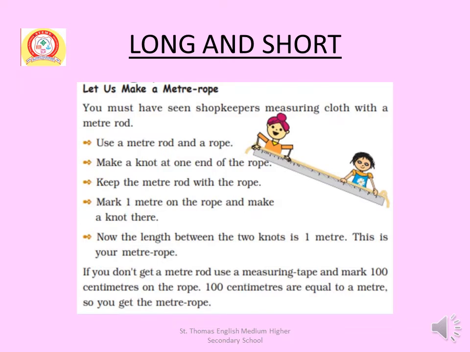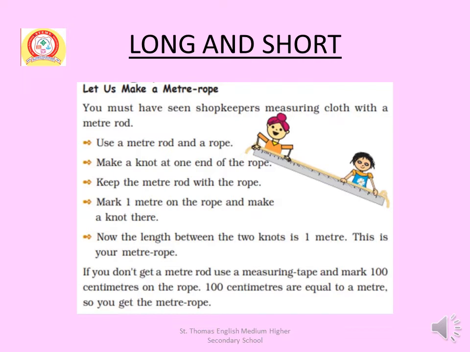Like the shopkeeper's meter rod, you can make your own meter rope. Number 1, use a meter rod and a rope. Number 2, make a knot at one end of the rope. Number 3, keep the meter rod with the rope.